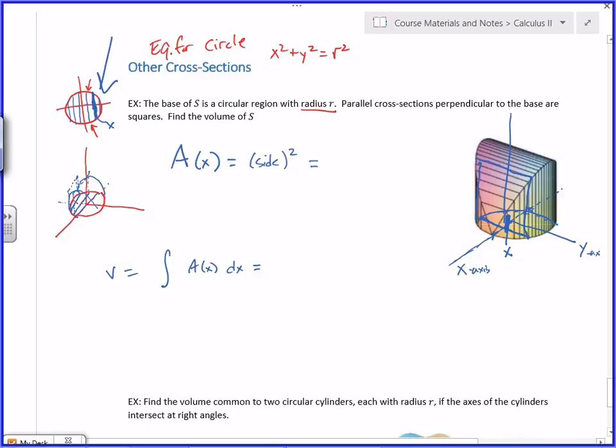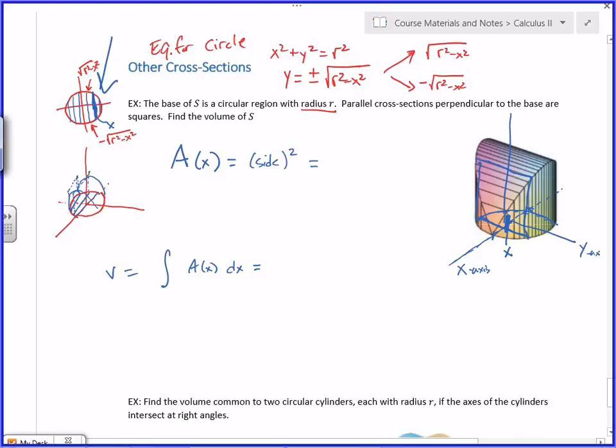So solve that for y, what do you get? Which is actually two curves. It's the square root of r squared minus x squared, and the negative square root of r squared minus x squared. So the top half of this curve is the square root of r squared minus x squared, and the bottom half of that curve is the negative square root of r squared minus x squared. Right?